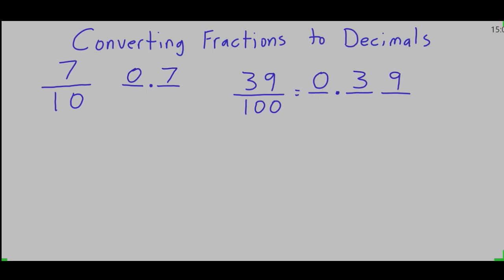Once again, let's give two more examples. If I have 7 hundredths, I start with ones. There's my decimal, tenths, hundredths. Well, I've got 7 hundredths. I start there and fill in the rest with zeros.